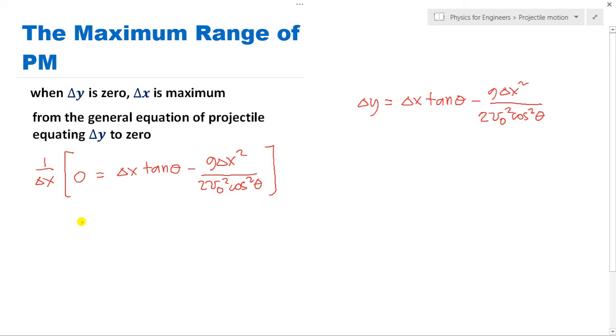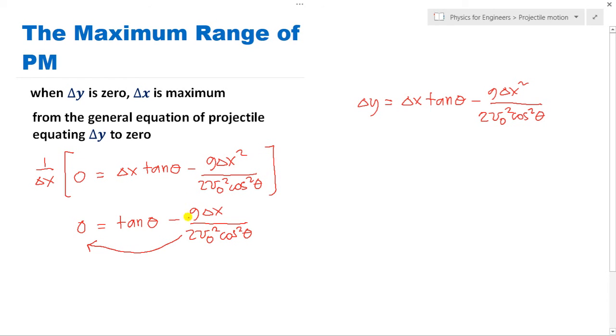So, here we have 0 pa rin is equal to tangent na lang dito. So, tangent theta minus g delta x na lang all over 2 v naught squared cosine squared theta. Since we are only after delta x, so we transpose this on the other side, and then we divide tangent theta by g all over 2 v naught squared cosine squared theta.